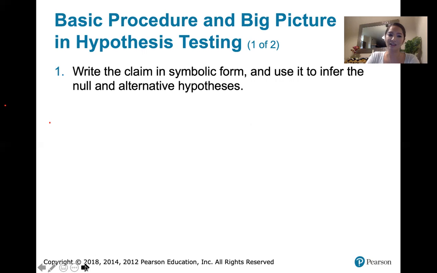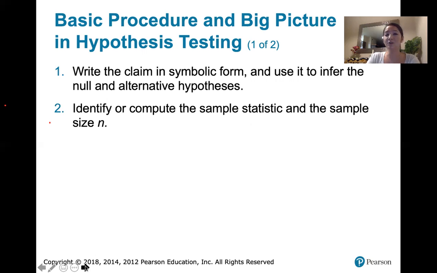So we always start there. Now, in order to determine whether sample evidence suggests that we should support or fail to support our claim, we want to identify or compute a sample statistic and the sample size n.